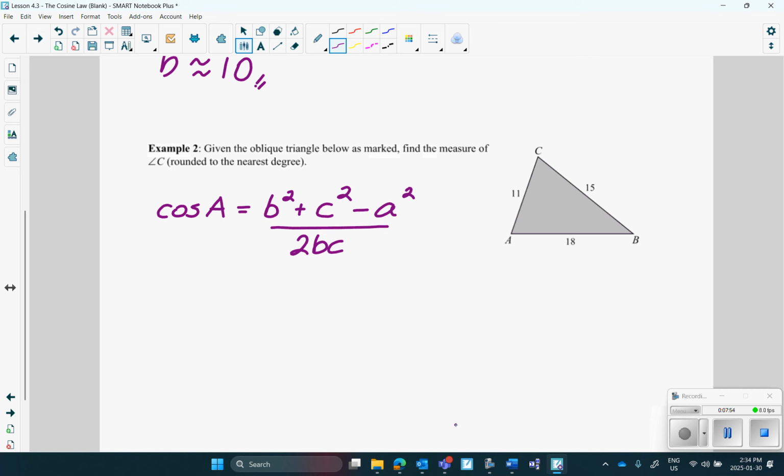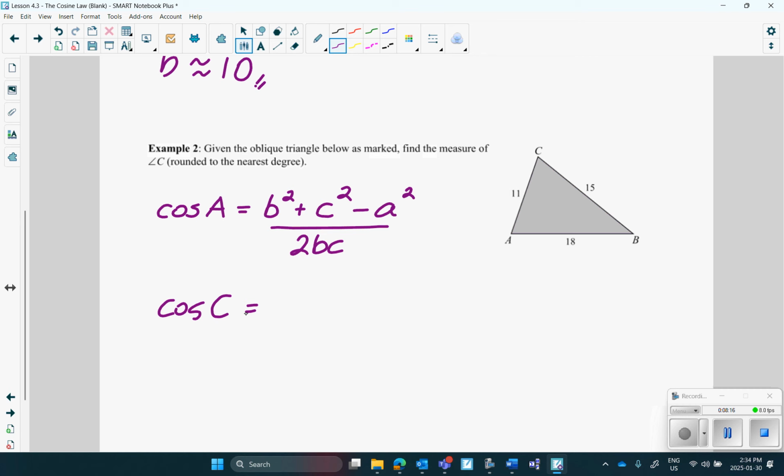So this time we're actually asked to find C, aren't we? This is the general formula, but in this specific question, we're going to find cosine C, which means the side opposite C has to go in this slot, right?